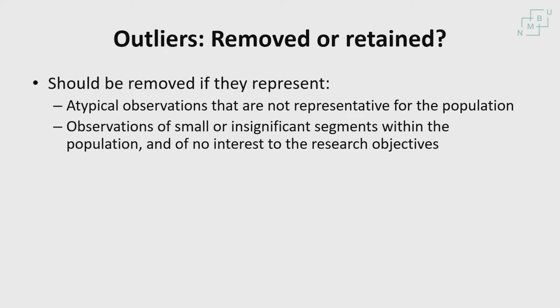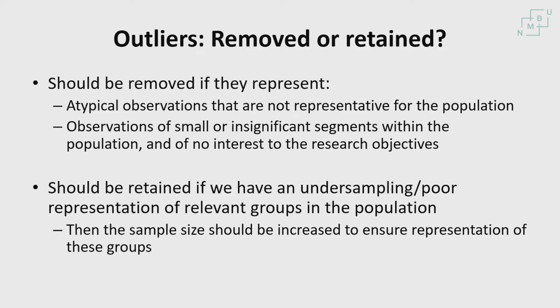So, in general, outliers should be removed if they represent atypical observations that are not representative for the population, or if they are observations of small or insignificant segments within the population that are of no interest to the research objectives.